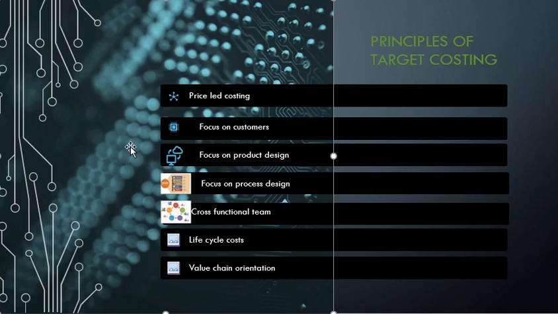The engineering department should look over the design of the product, which includes the raw materials, the components used, the labor, the machineries, and everything; each and every part or element in the production process should be focused on.